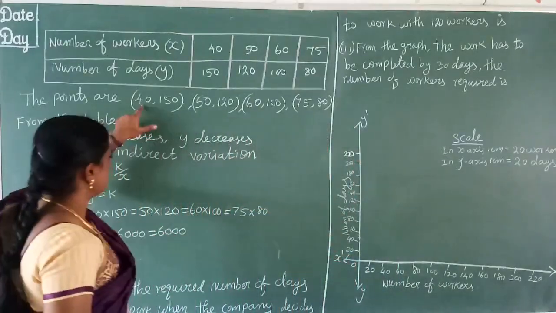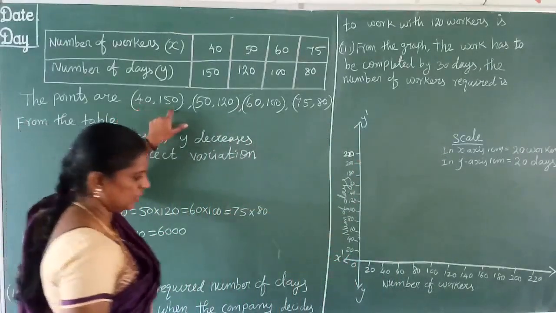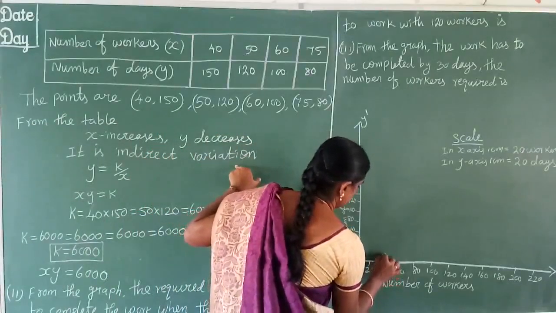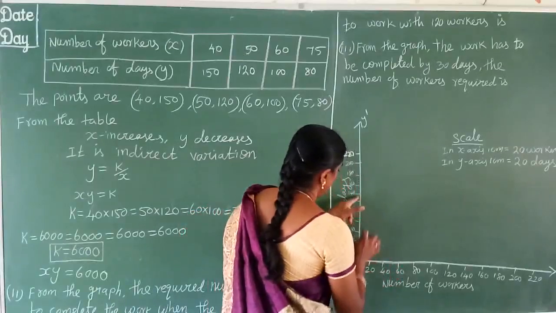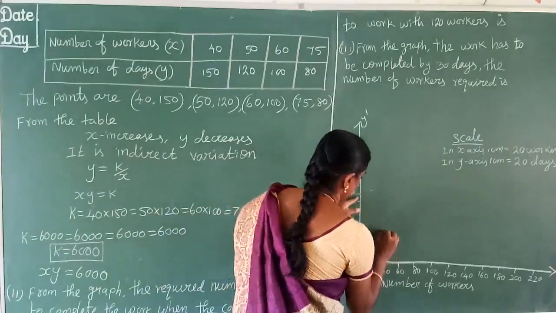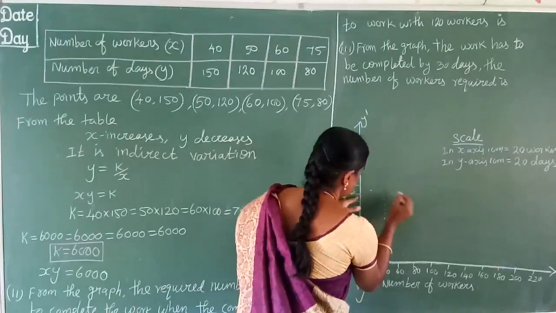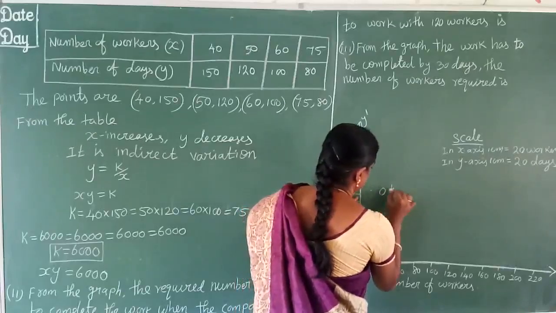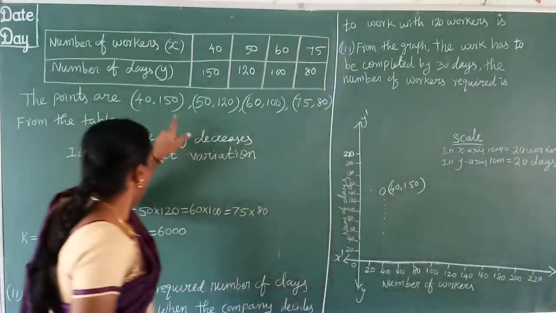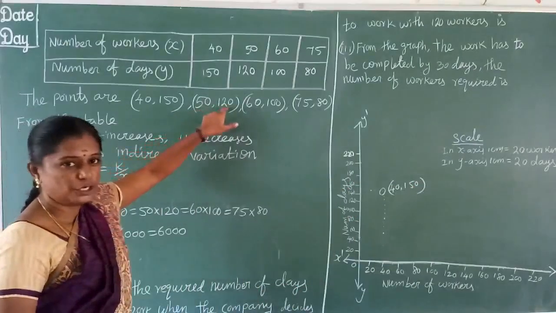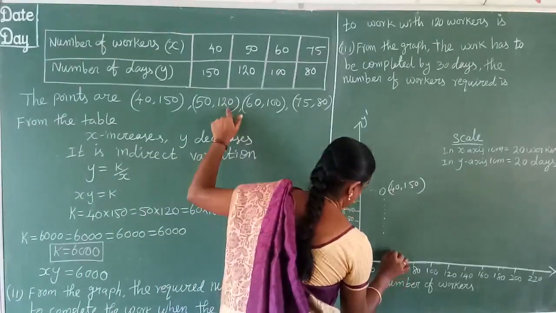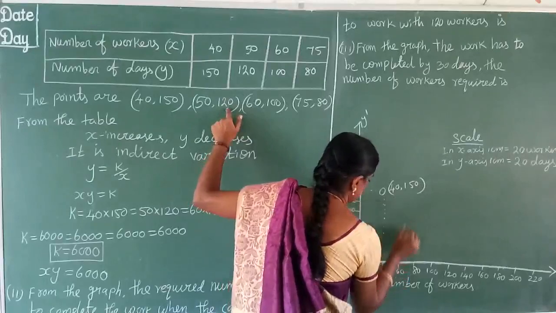So next, mark the points. x value 40, y 150. Next one 50, 120.